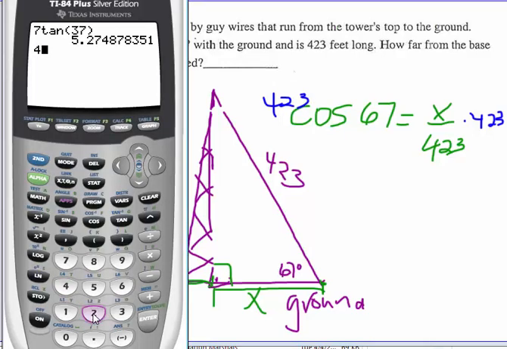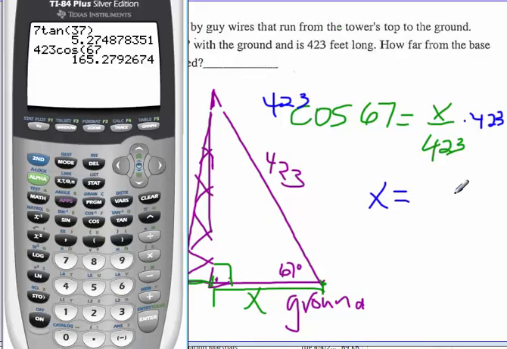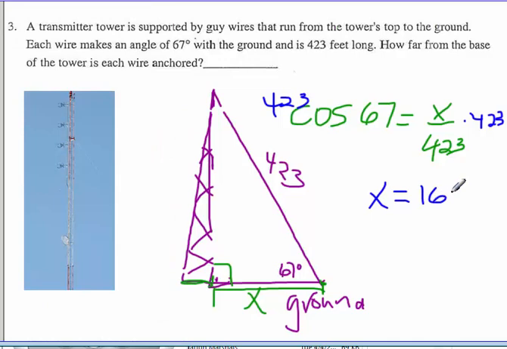So 423 times the cosine of 67, and we're done. It's 165.3, I think. 165.3 feet from the base of the tower. Good luck.